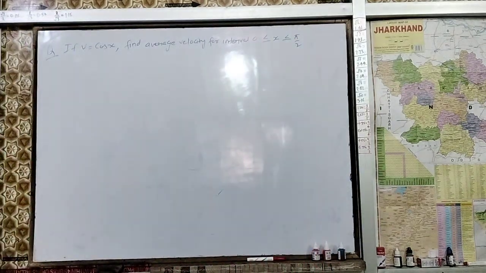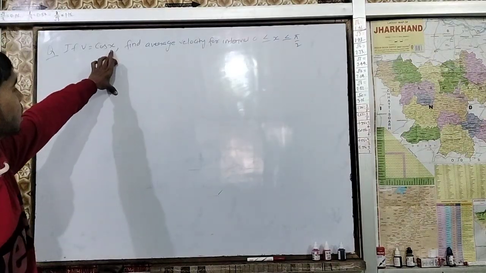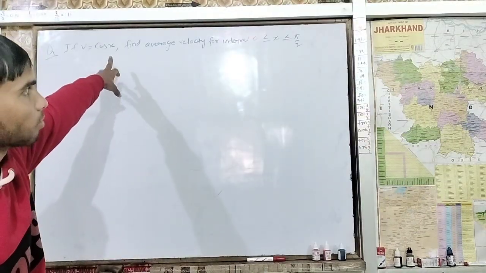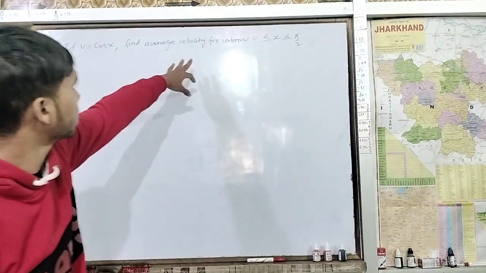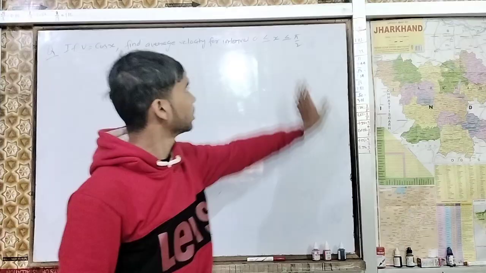Theta is given. The question is saying that v is equal to cos x, where x is acting as theta. Find the average velocity for this interval.